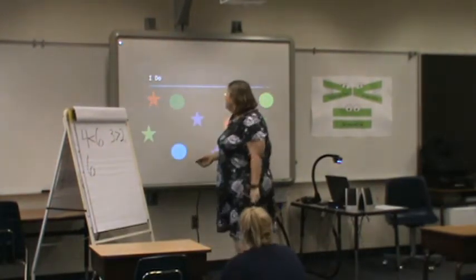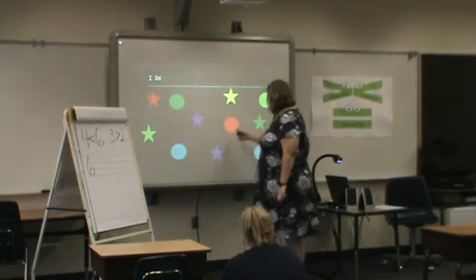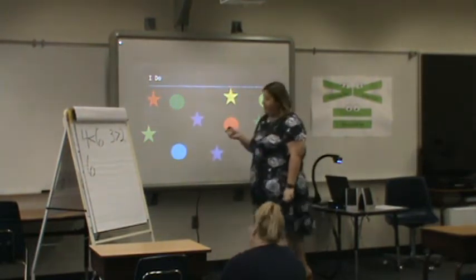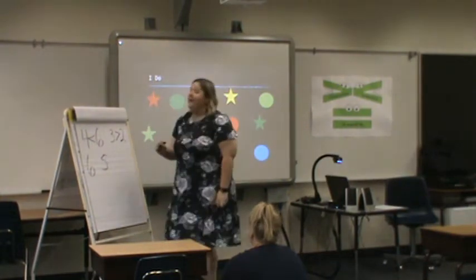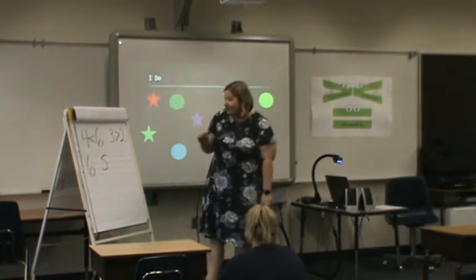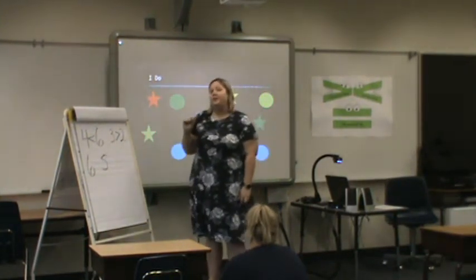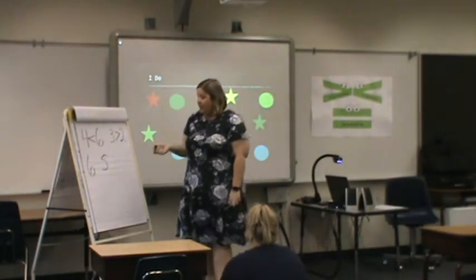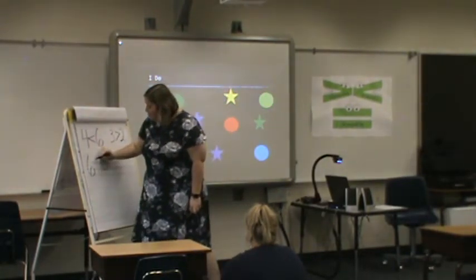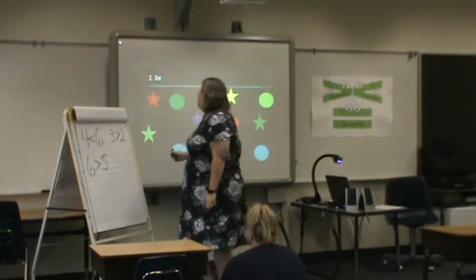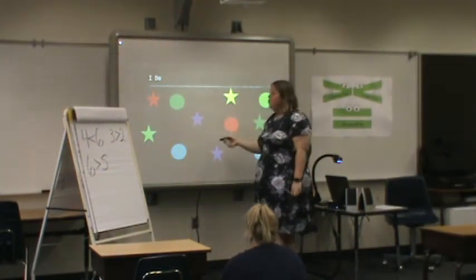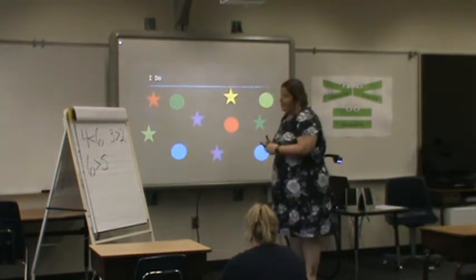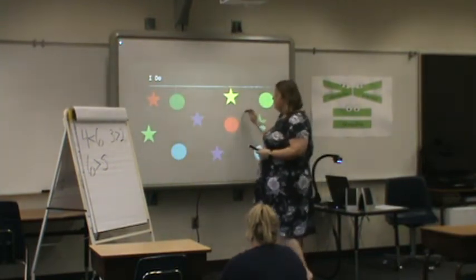And I'm going to count my circles. 2, 3, 4, 5. 5 circles. My alligator wants the bigger number. What's my bigger number, Alexis? 6, yes. So that means I have more stars than I do circles. The group of stars is greater than my group of circles.